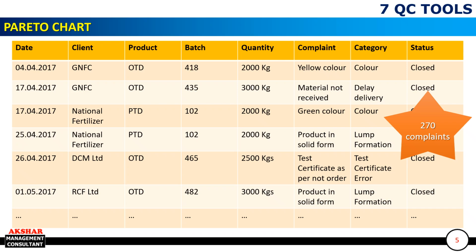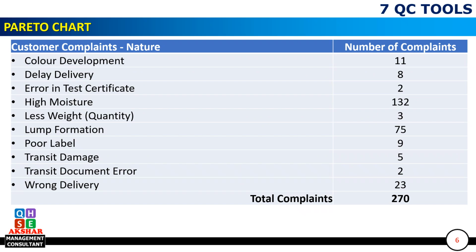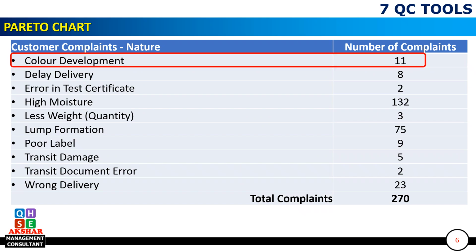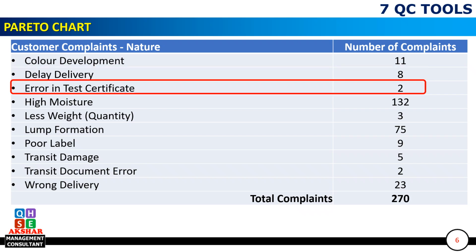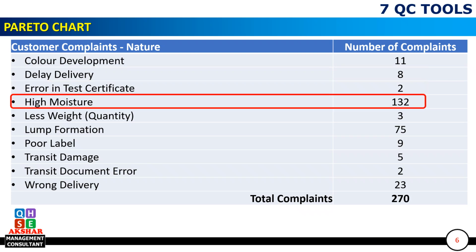One of the 7 QC tools is the check sheet, used to sort data using tally marks. The output of the check sheet indicates that there are 11 complaints related to color development, 8 complaints related to delayed delivery, 2 complaints related to errors in the test certificate, and 132 complaints related to high moisture, and so on.